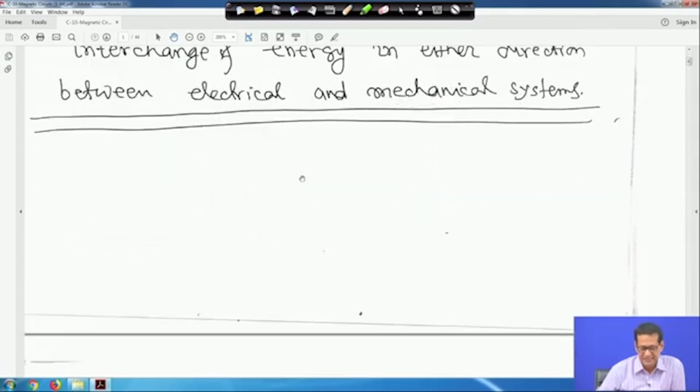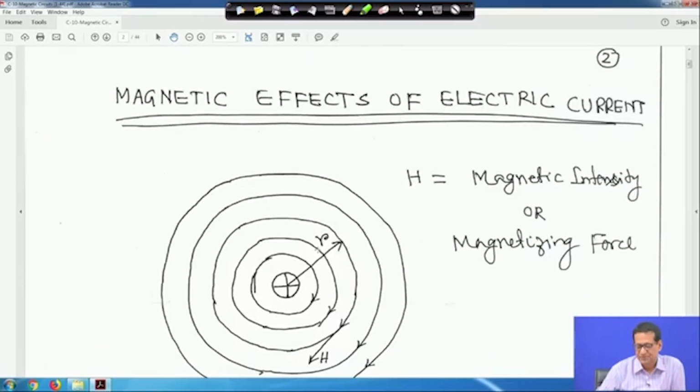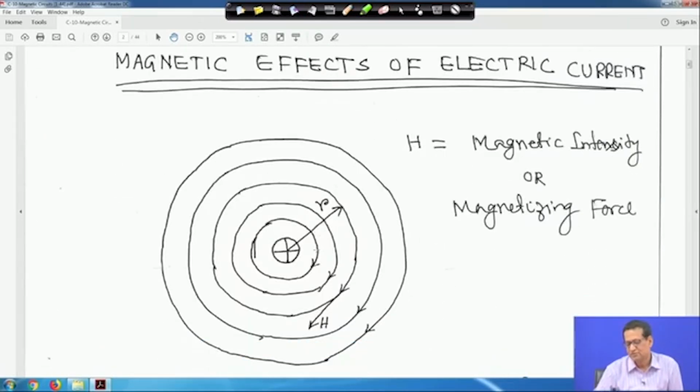Next is the magnetic effects of electric current. H is called magnetic field intensity or magnetic force. First, this is a circular conductor. The plus means you take a paper and the current is entering into the plane, or into the paper.